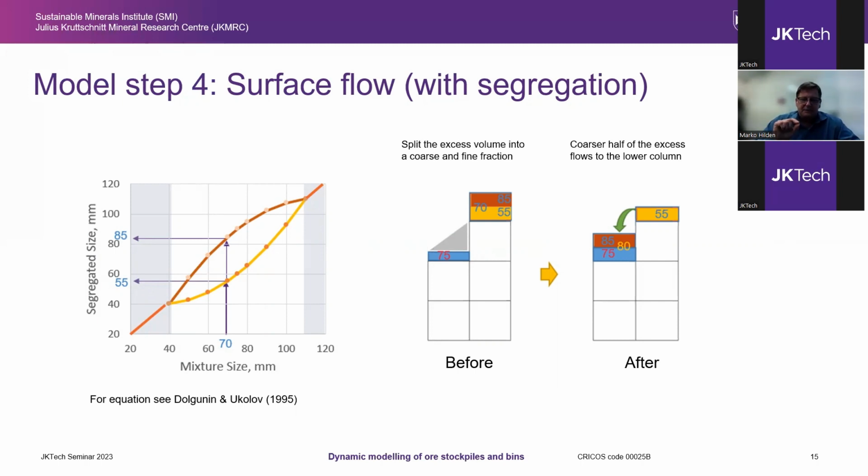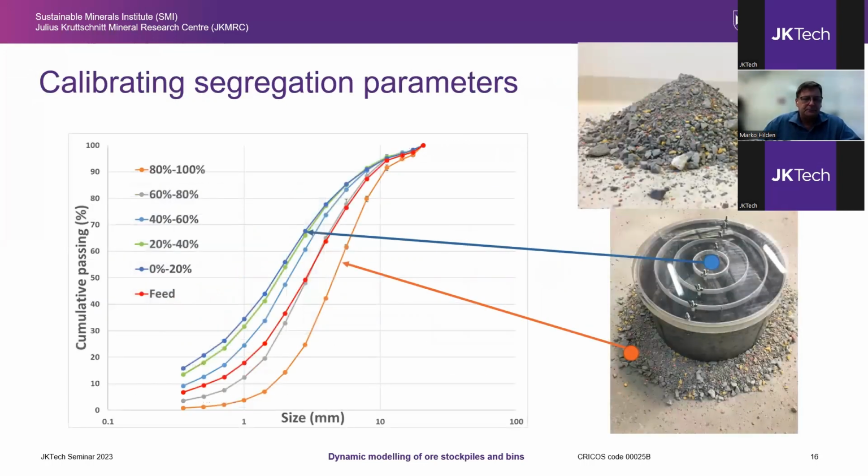And the 85 millimeter portion flows to the lower column and combines with the existing material to make it 80 millimeters size in the lower column, leaving behind 55 millimeters in the upper column. So now the lower column is significantly coarser than the upper column. So this process is repeated for all of the surface flow events, and eventually you get a segregation appearing.